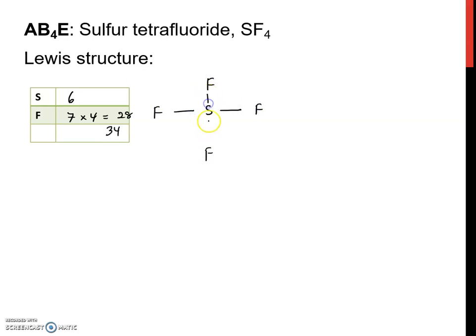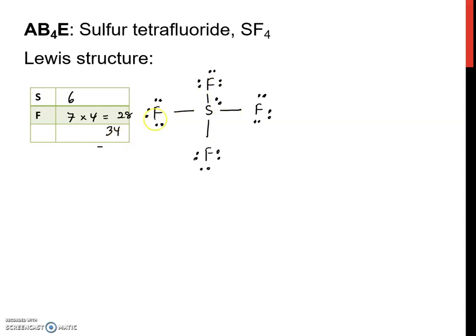The fluorine atom has 7, so 1, 2, 3, 4, 5, 6, 7. We put lone pairs on the fluorine atoms. Sulfur 6, so 1, 2, 3, 4 and 1 lone pair is left.